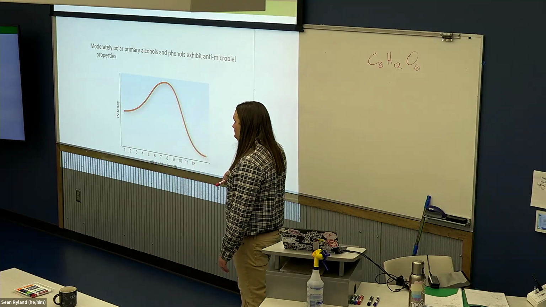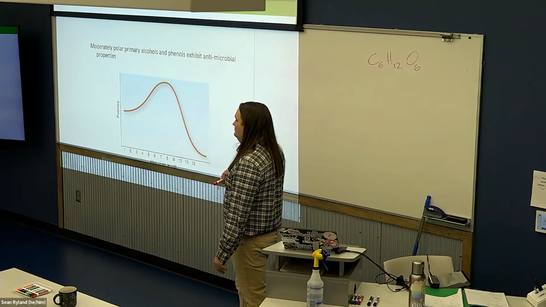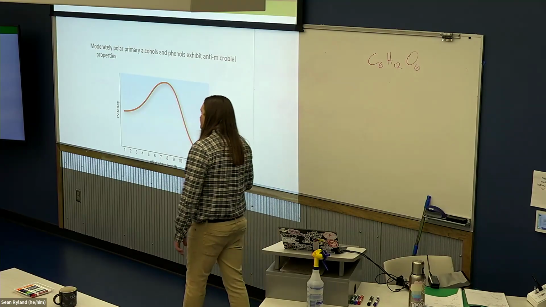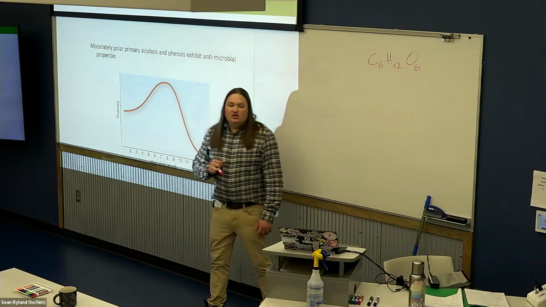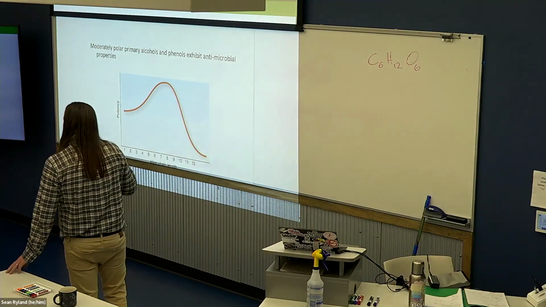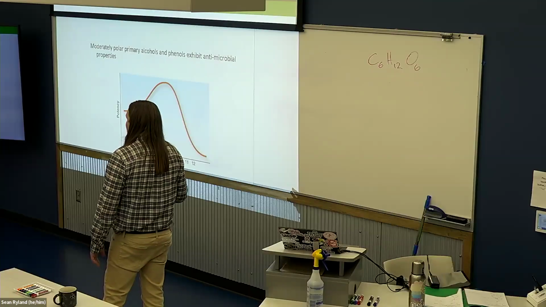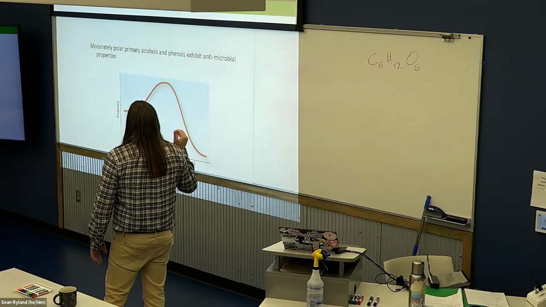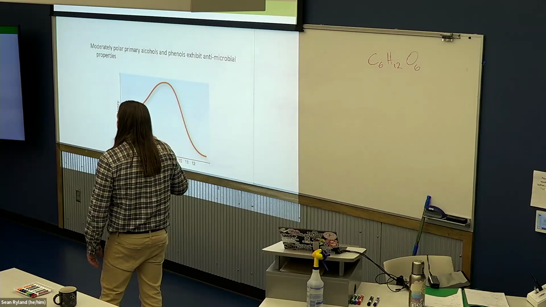So when people die from alcoholism, is it because the alcohol breaks down their proteins? No, but it does do that, but our body's pretty good at handling ethanol. There's a lot of other things that go into it.